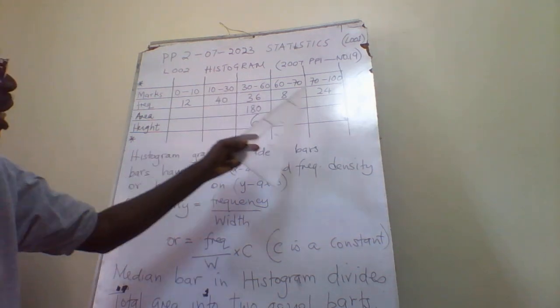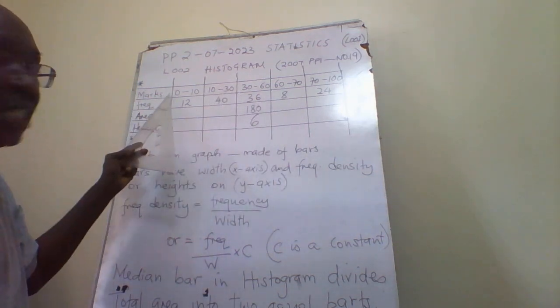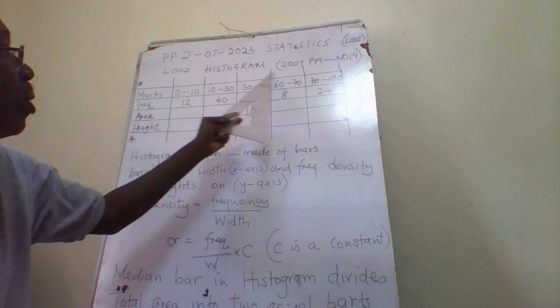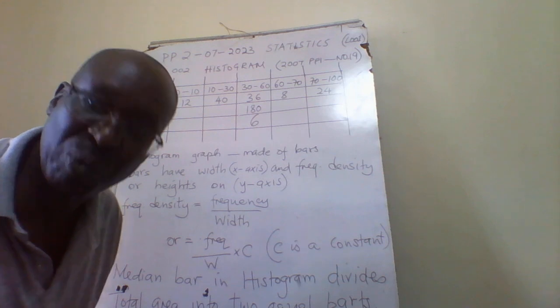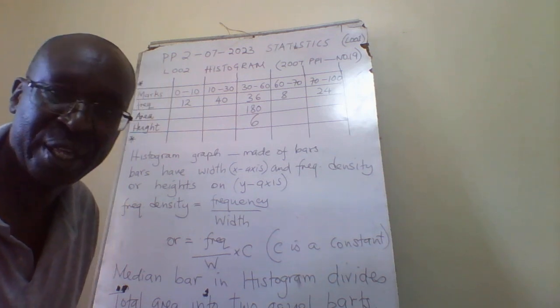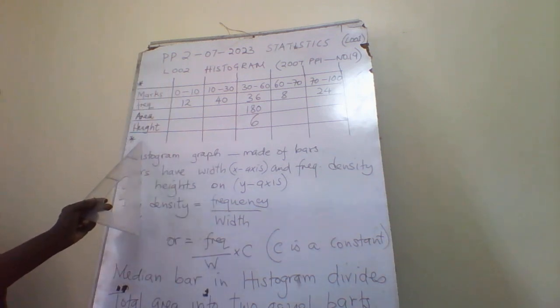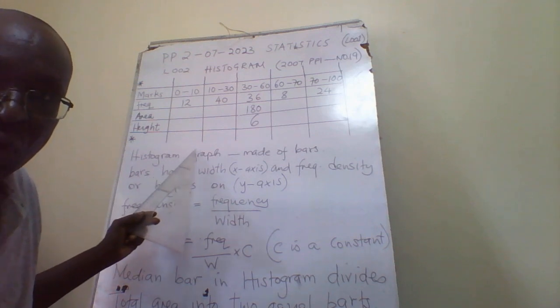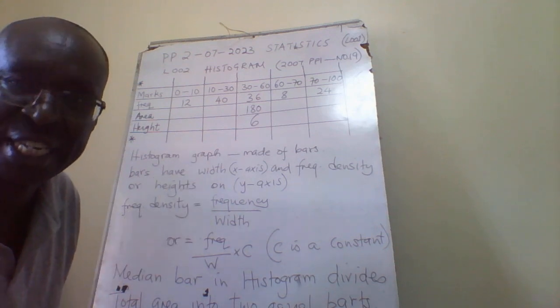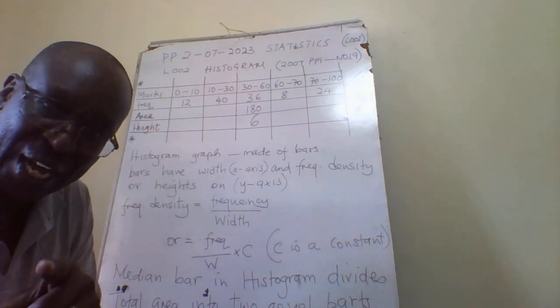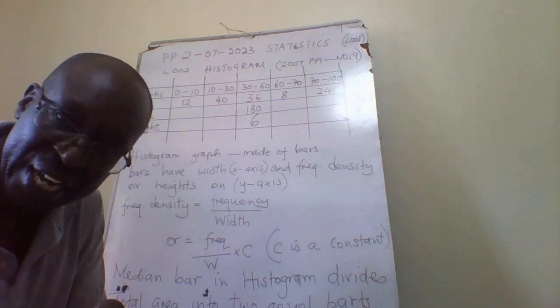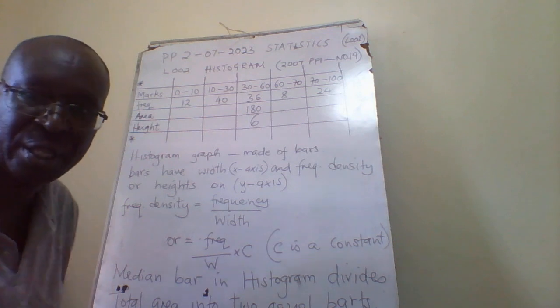Now, from their table, you can see there will be a small space up here where you can squeeze the width. And somewhere below their table, you can squeeze the height. Reason being, area is a product of height times width.